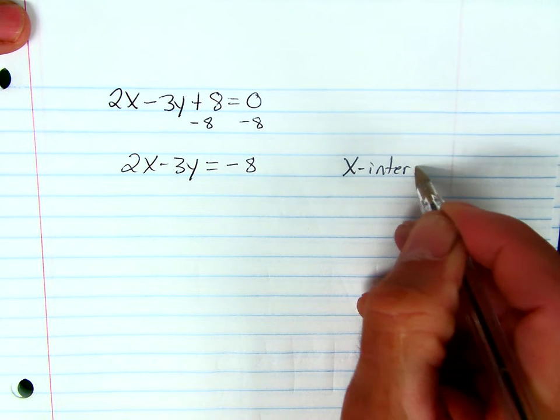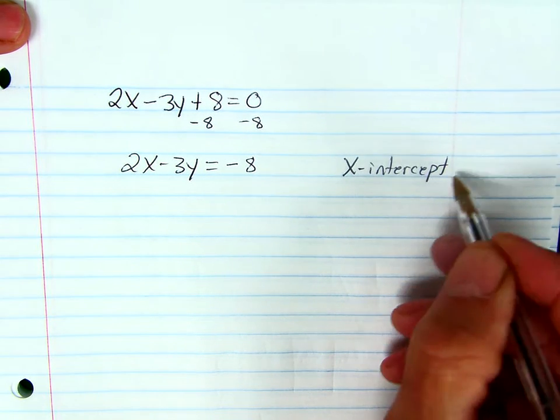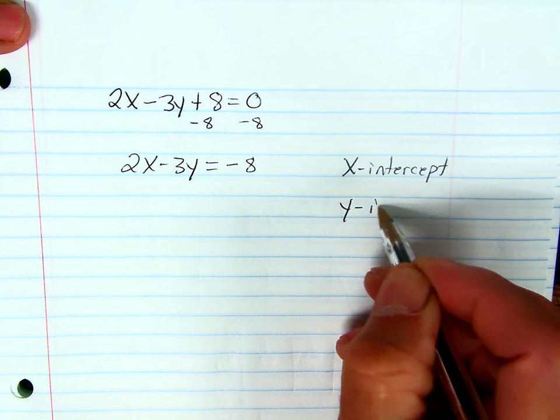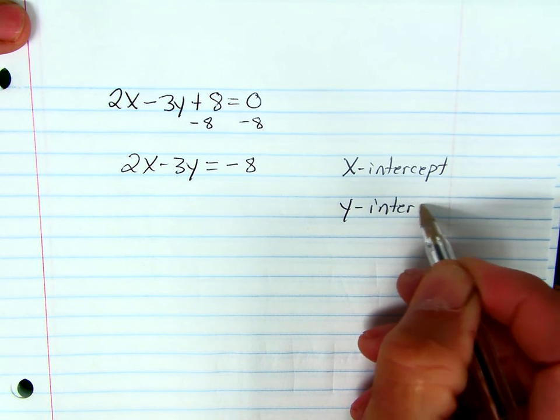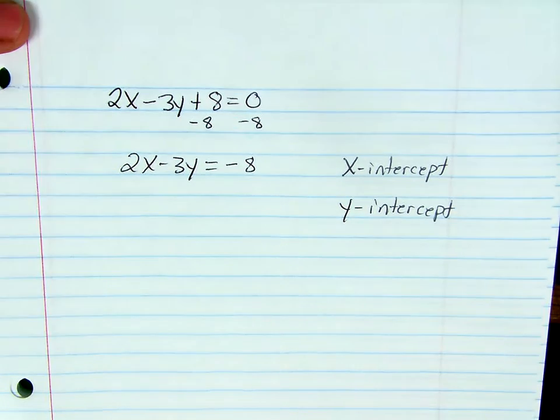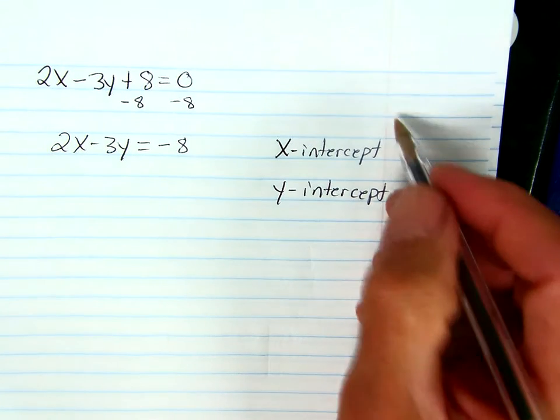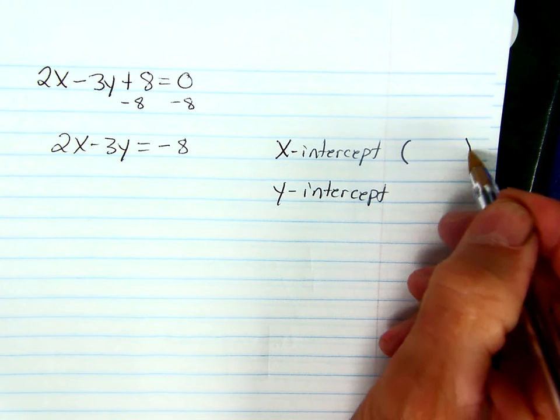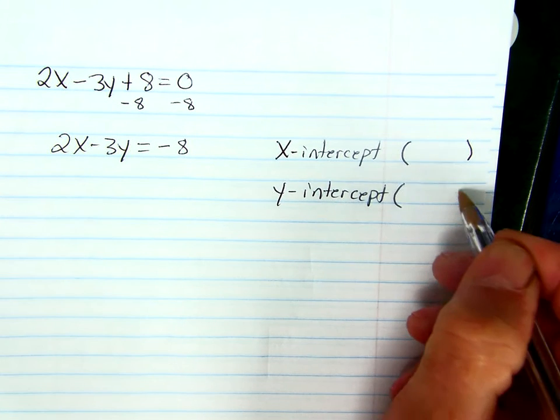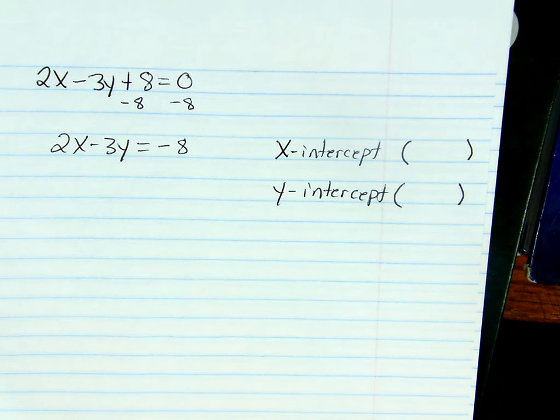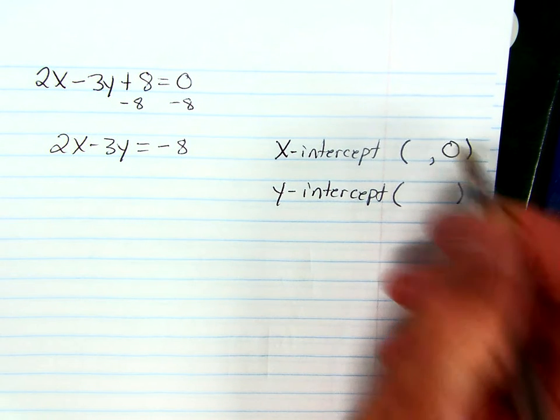X-intercept, y-intercept. The x-intercept is where your graph will cross the x-axis. If you have something crossing the x-axis, at the point where it crosses, y equals 0.